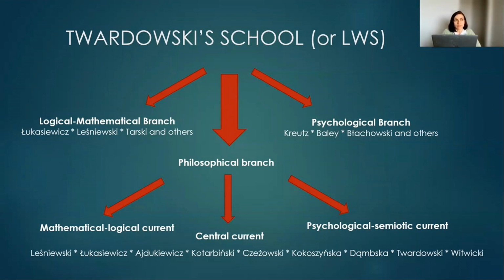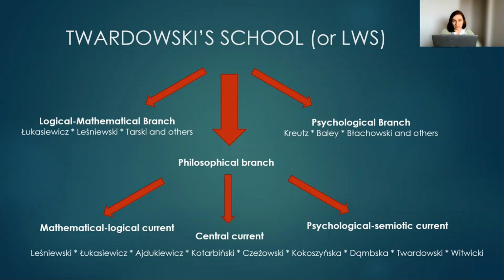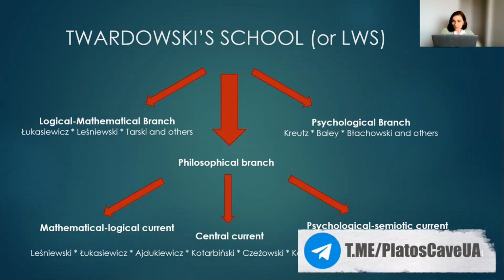It is also sometimes called the Warsaw School of Logic. And the members of this branch had, of course, many results simply in mathematical logic, not in philosophy. They are famous for results like the three-valued logic of Łukasiewicz, the conception of truth and semantics, the theory of models of Tarski, Leśniewski's systems. So these are the most important results of this logical mathematical branch.